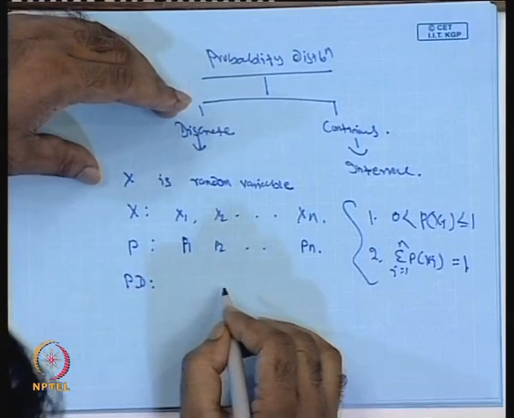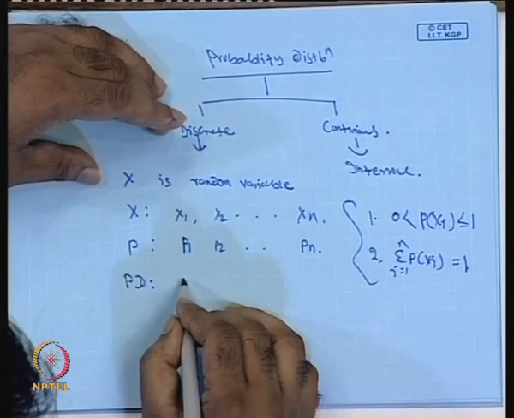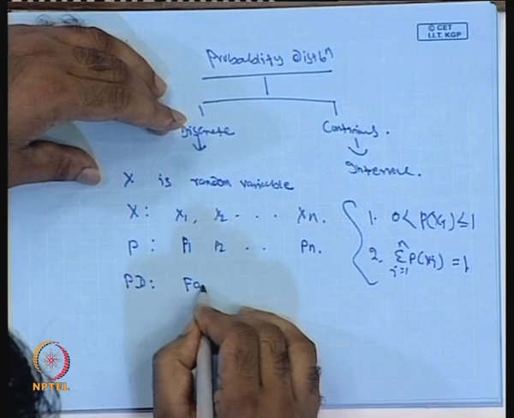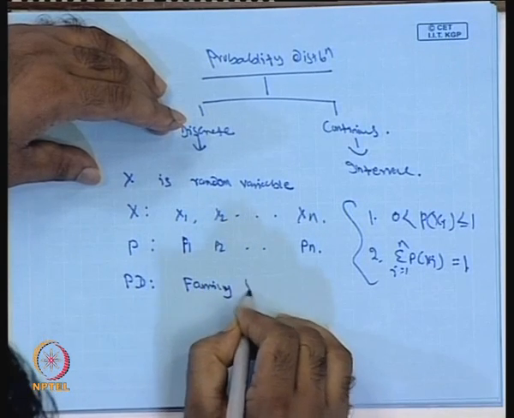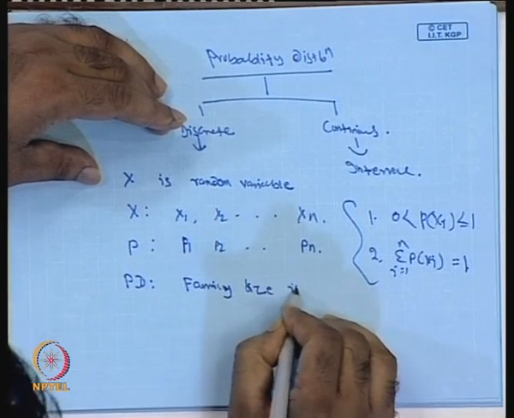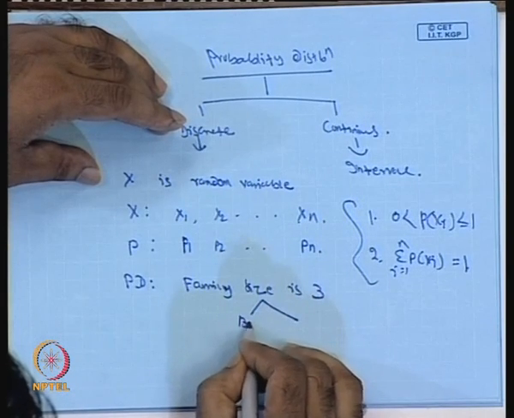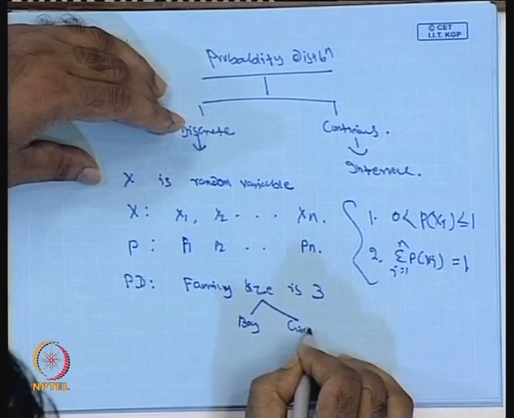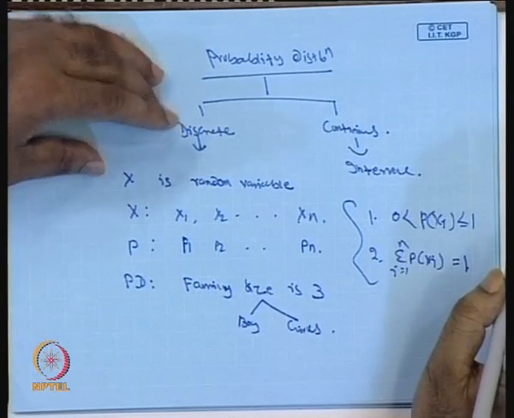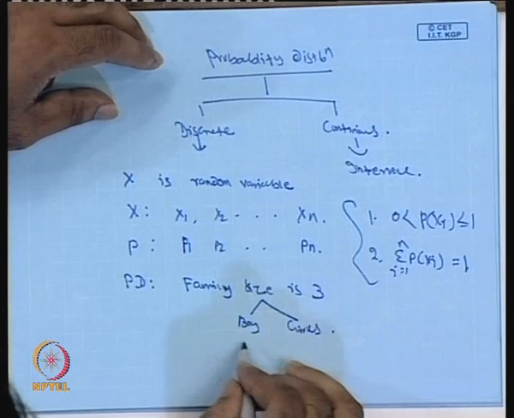The condition is that, for the same problem, let us take a case where the family size is 3, and it consists of boys and girls. So, what is the shape of the probability distribution?